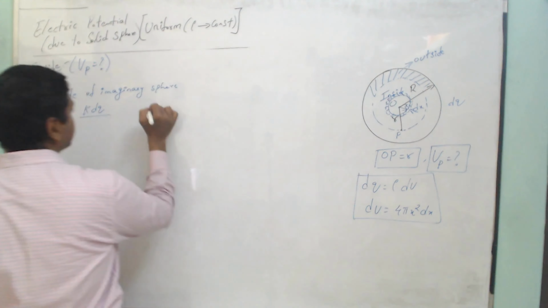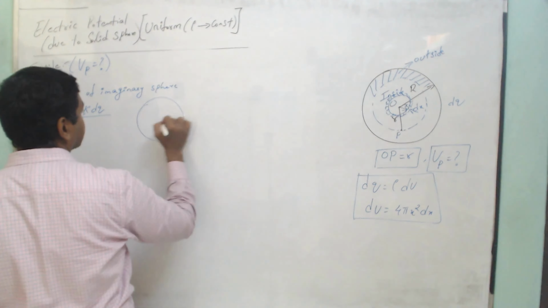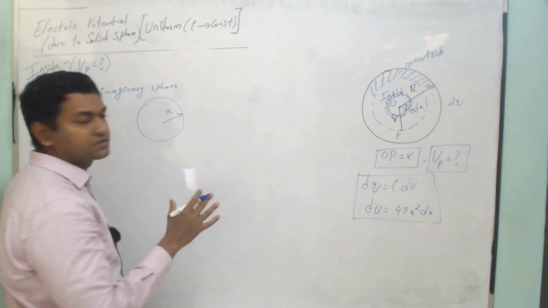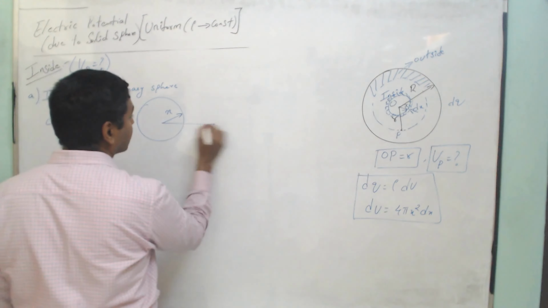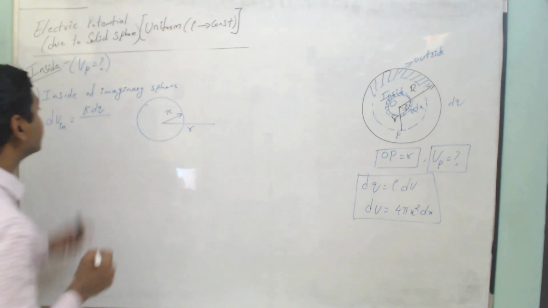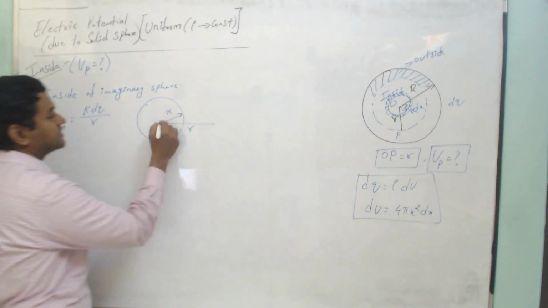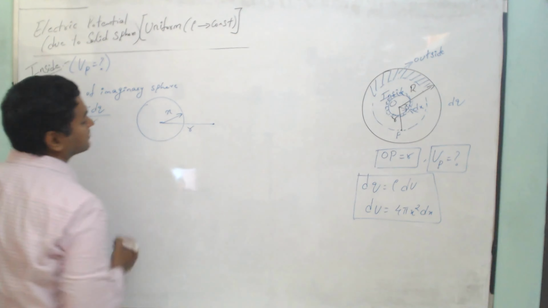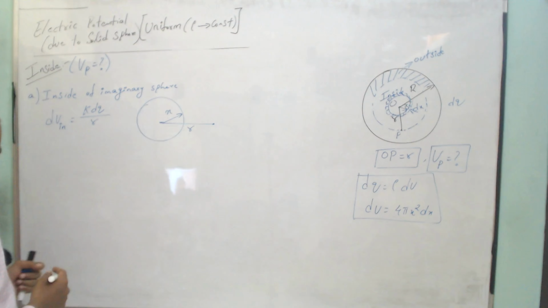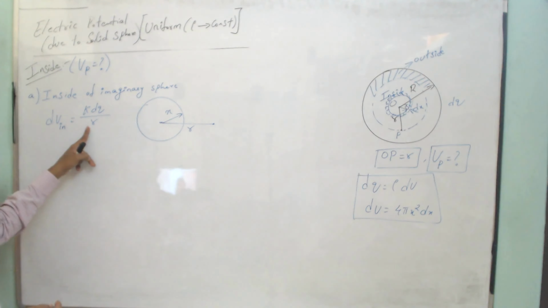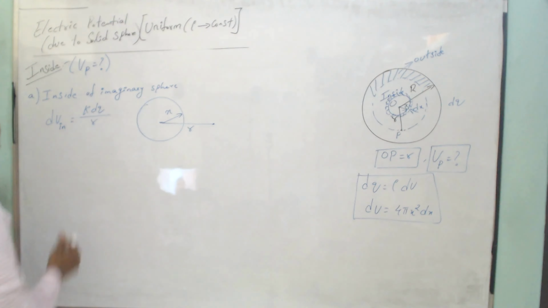We have a hollow sphere of radius x. So what is the potential? k dq by r. Basically, we need the distance from the center. K is a constant, r is a constant. So we'll have integral of dq, right?